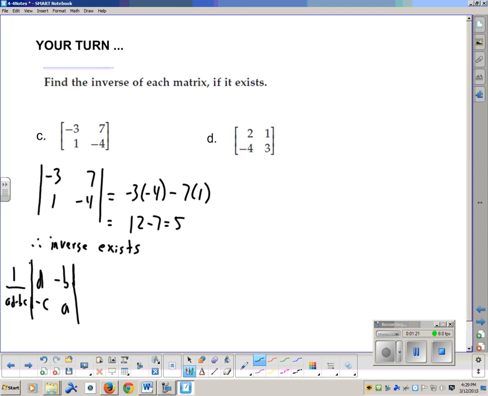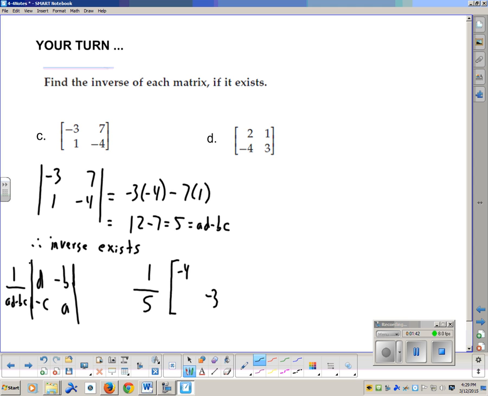So let's find that. It's going to be 1 over AD minus BC, which is exactly what this is, AD minus BC. That's the determinant. We found that to be 5. And then over here in our original matrix, we're supposed to swap the D and the A, so that becomes -4, -3.